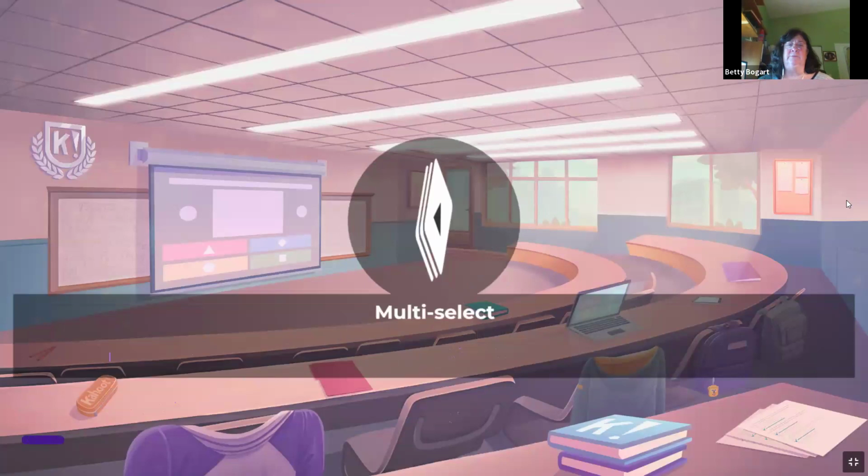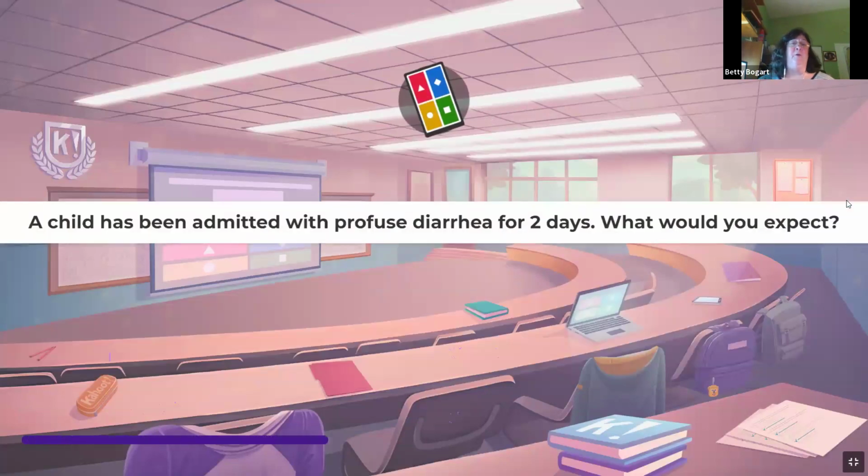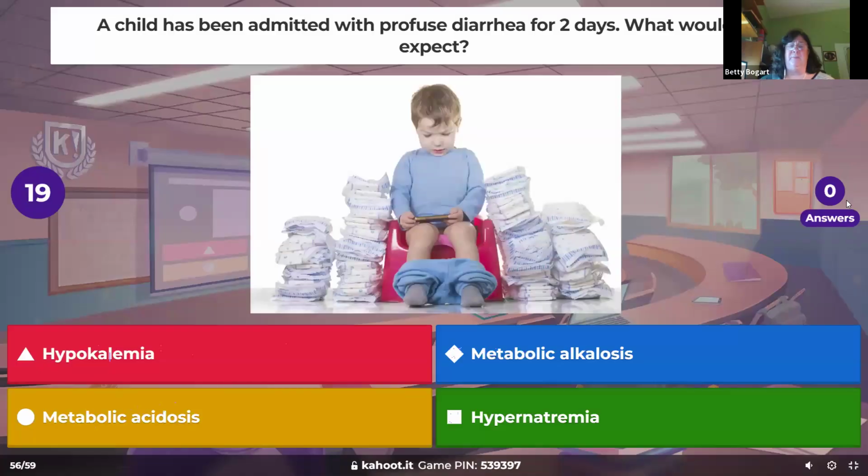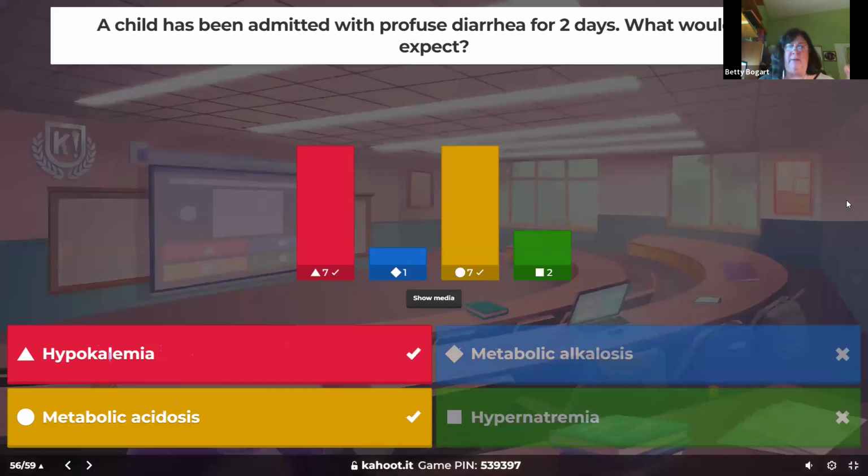A child's been admitted with profuse diarrhea for 2 days. What would you expect? Now, on the HESI, one recent exam had 4 different acid-base questions. And I tried to throw this into the lecture where it should be so that you're trying to understand and remember.